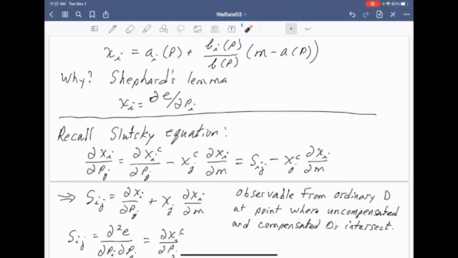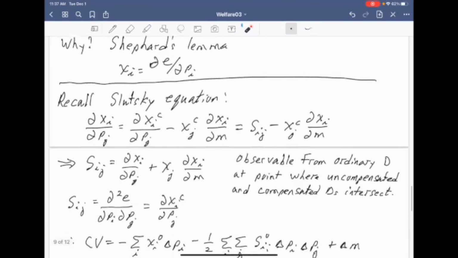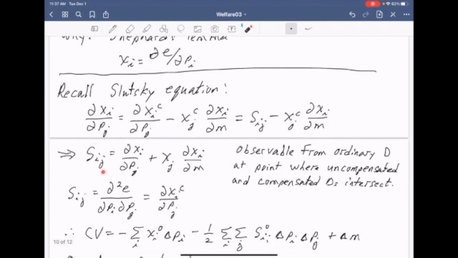Recall that this compensated component, where we take the partial of the compensated demand function with respect to pj, we write as S sub ij minus this xj compensated times the partial of the demand function with respect to income. Now, we can reorganize this so that Sij is equal to dxi/dpj plus xj times dxi/dm.